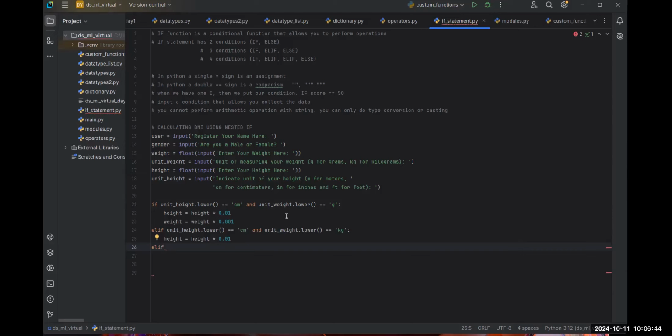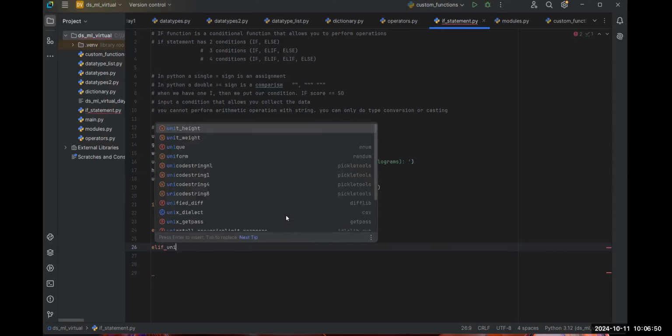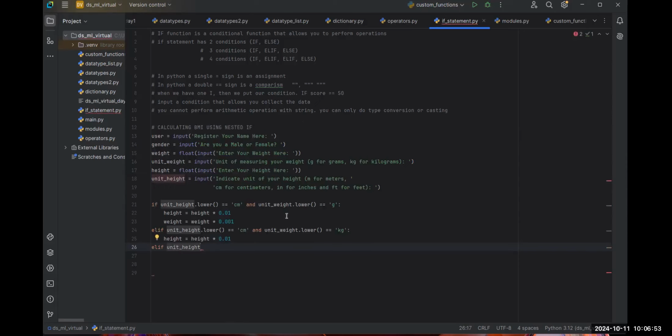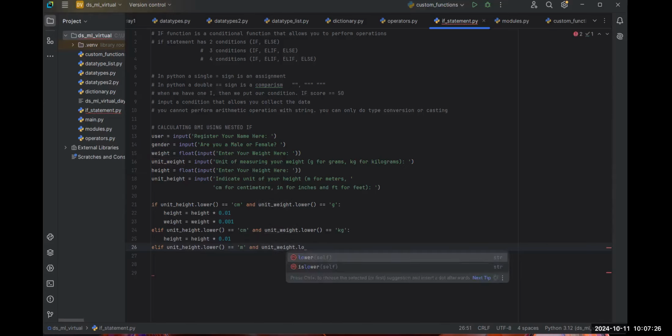Now Elif, unit height dot lower equal to meter, and unit weight dot lower equal to kg.